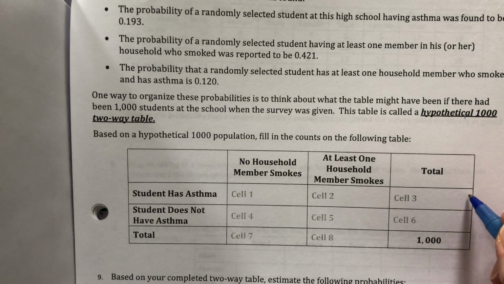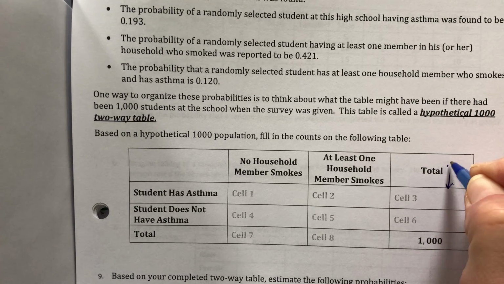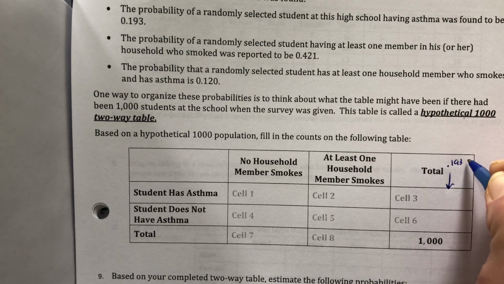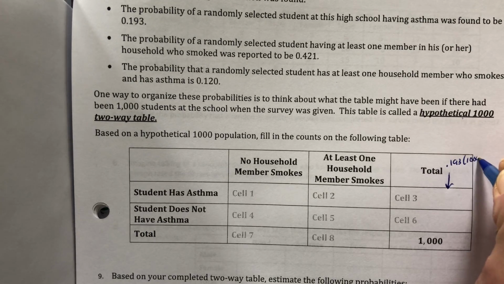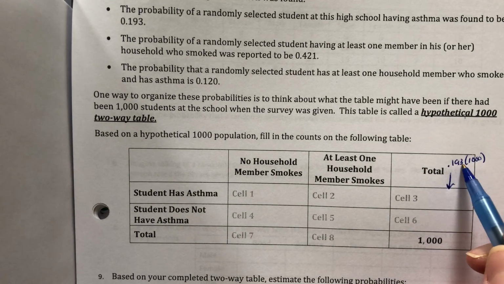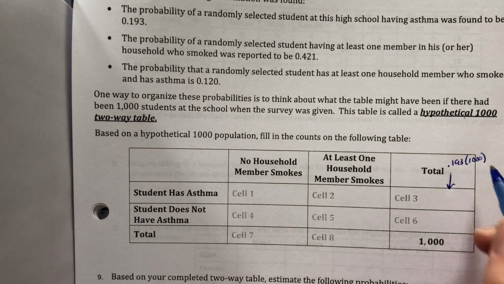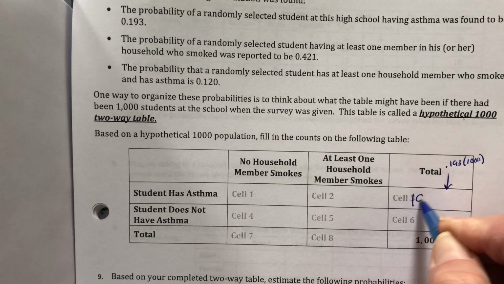So to figure out the number that goes over here, you can take 0.193 and multiply it by 1,000. You can also just say this number is 0.193 thousandths, so written in terms of 1,000 it's 193.